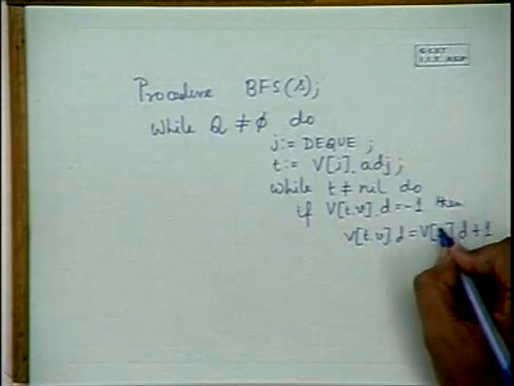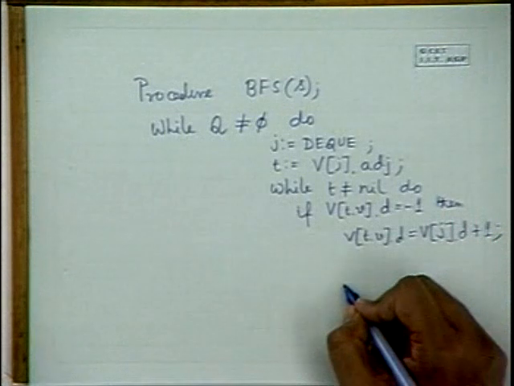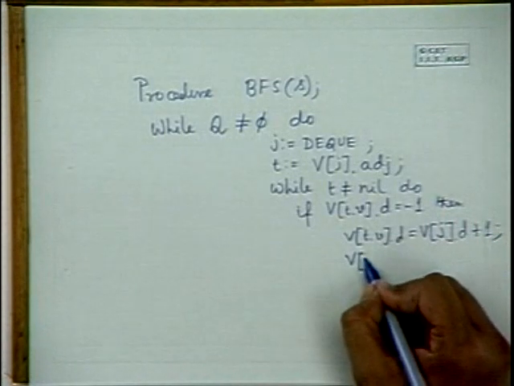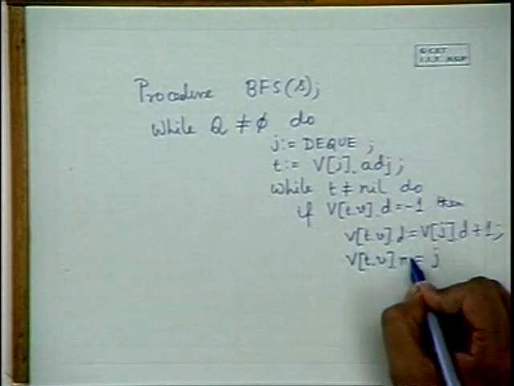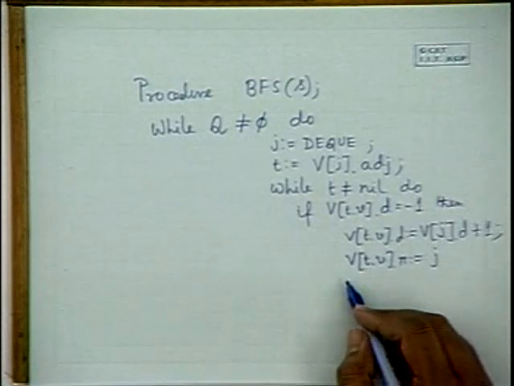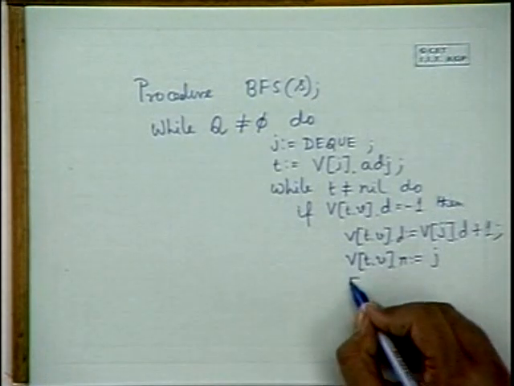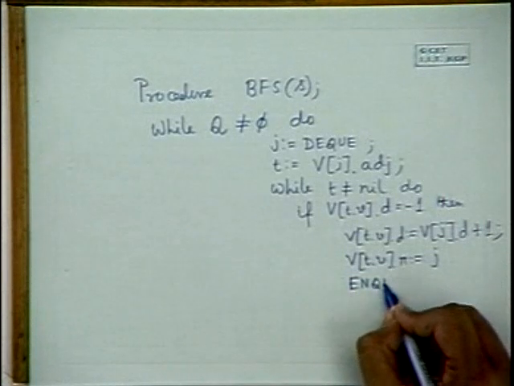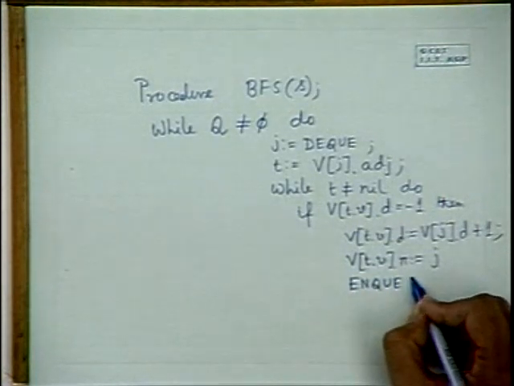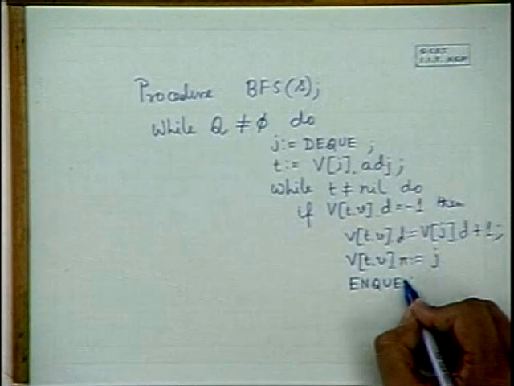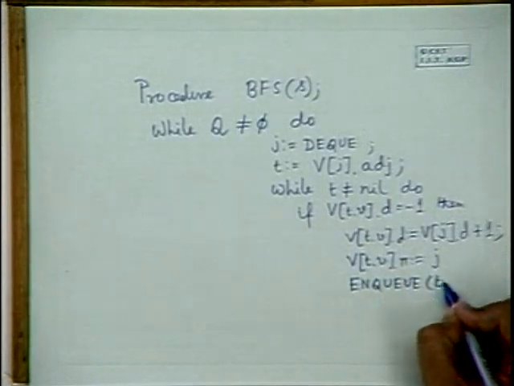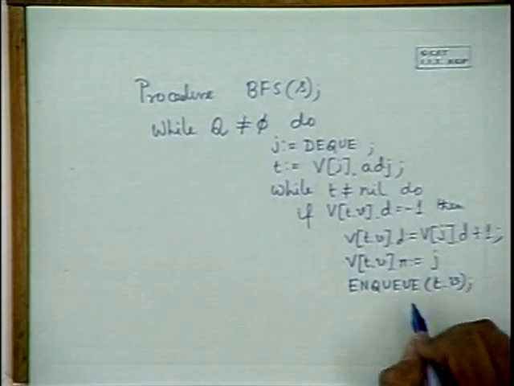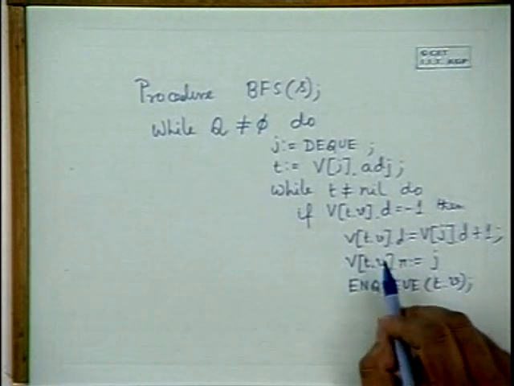This should be j. vj.d plus 1, and its pi field also, vt.v.pi is equal to j, and you NQ this vertex now. NQ t.v.